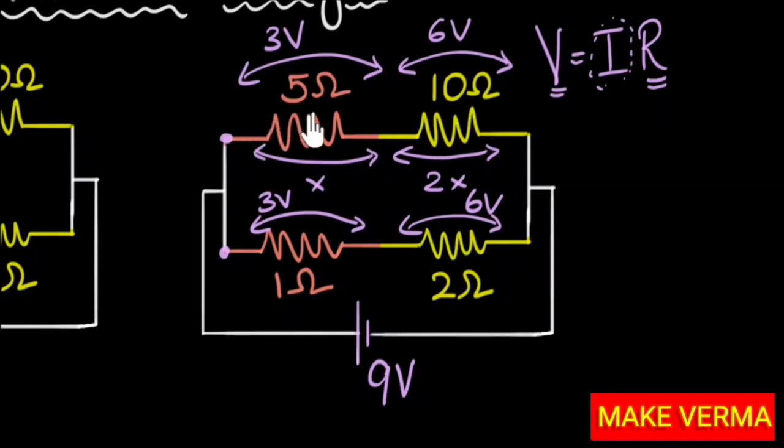Now notice when I go from here to here, there's a 3 volt drop. But when I go from here to here, there's again a 3 volt drop. Meaning, these 2 points must also have the same voltage. So, voltage at point A must exactly equal voltage at point B. That's the consequence of having the same ratios of the resistance.